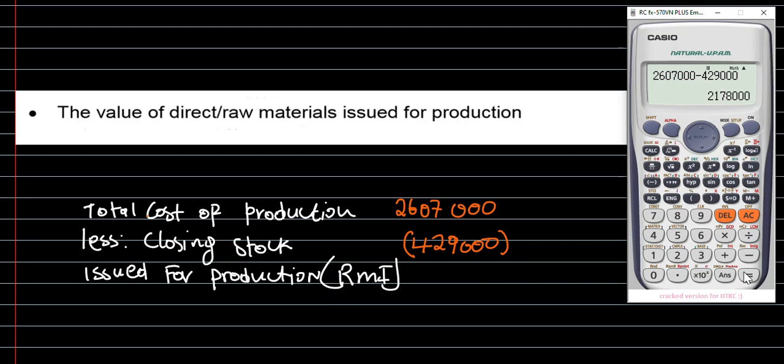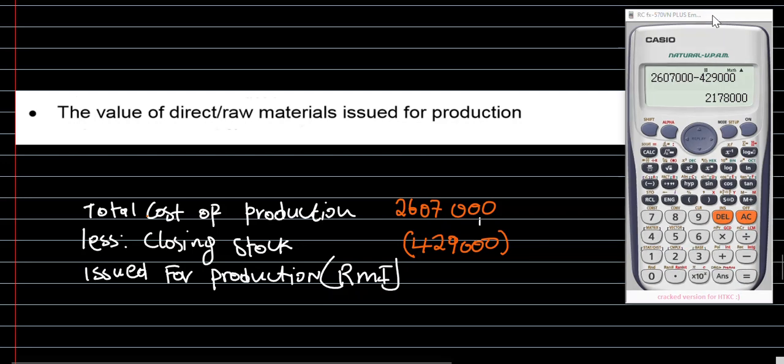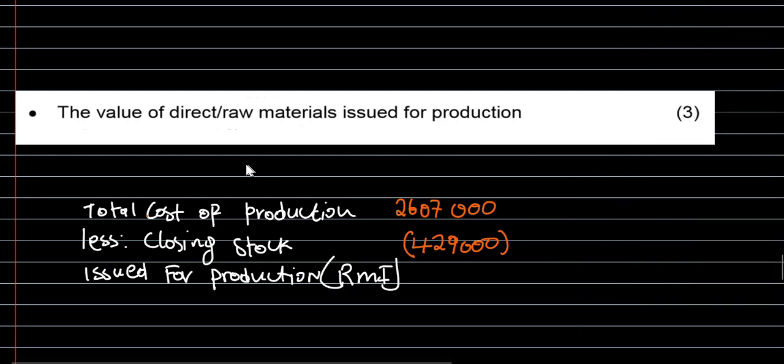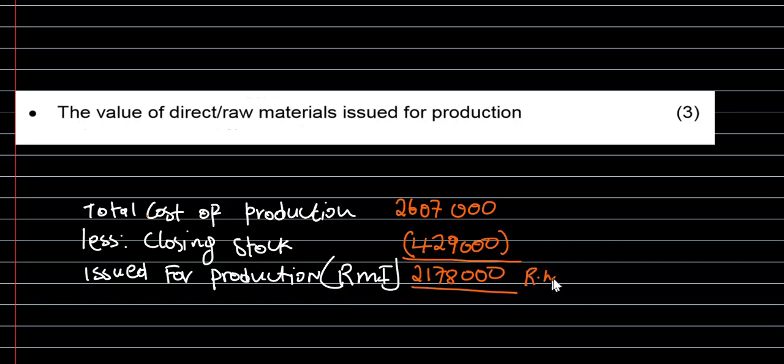This will give us 2,178, so we must write it here: 2,178,000. This is the raw material issued. Done. 3 marks. Let's go to the next question.